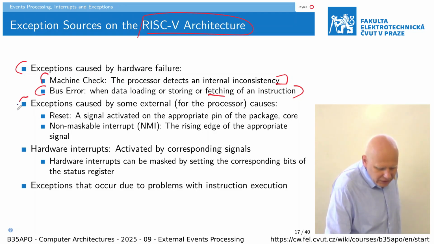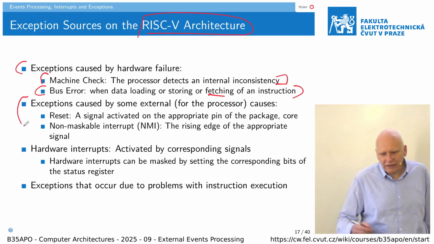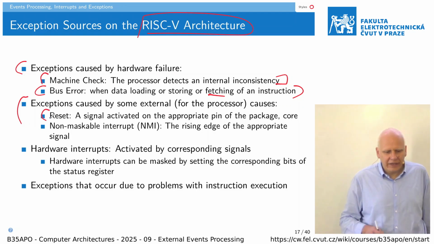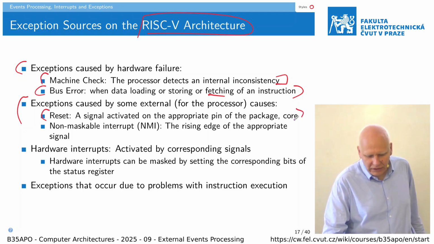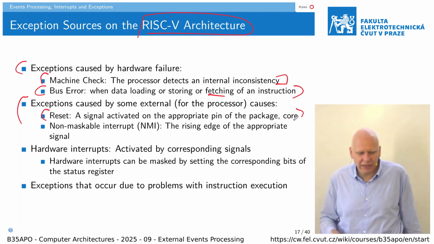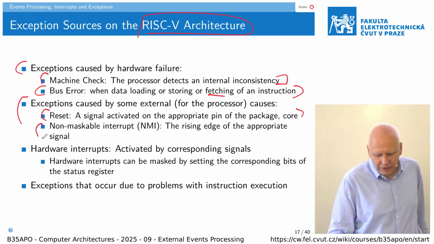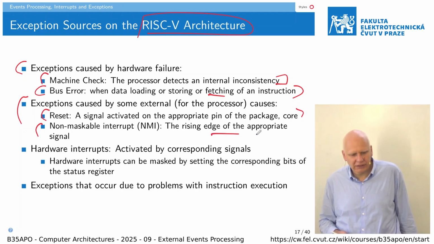There can be an exception caused by external causes, for example a reset signal required by the pressing of some button or by some watchdog to restart the system, and there can be some non-maskable interrupt, for example detected by a rising edge on the appropriate signal.